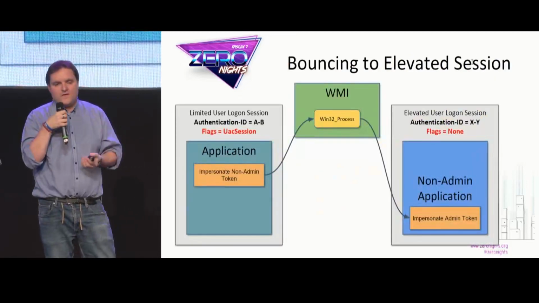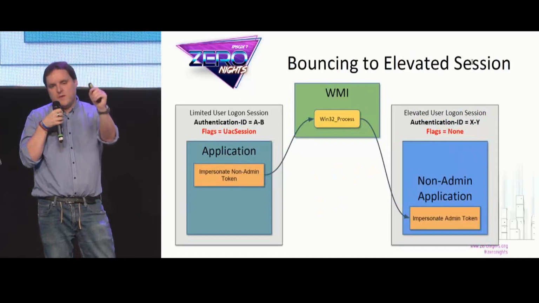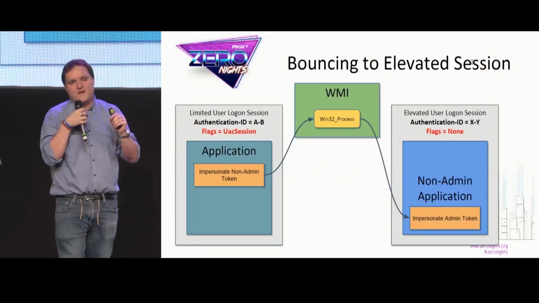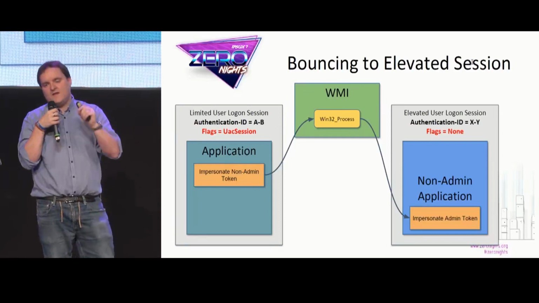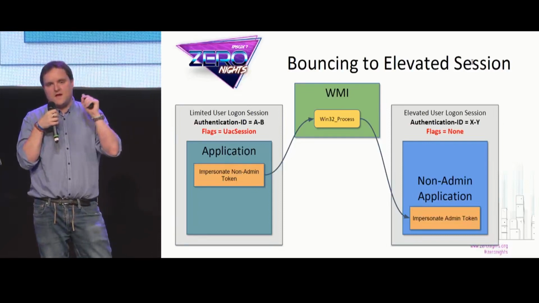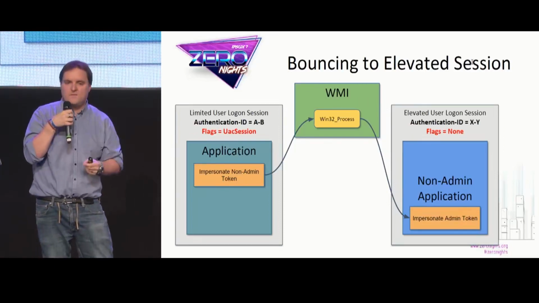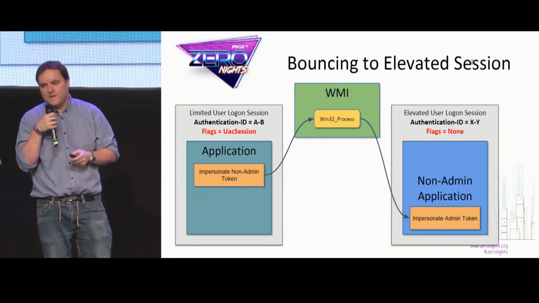So one way of doing it is abusing that second part of the check, so checking for this flag. All that flag is saying, if you're in the elevated session, the elevated logon session, you don't have to be an administrator, but as long as you're in that elevated session, we will also let you impersonate an elevated token.